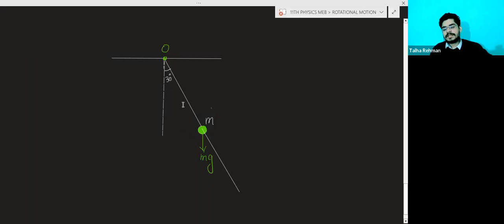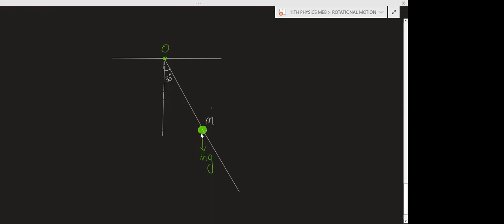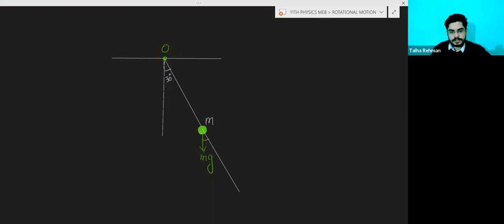If this angle is 30°, can you tell me what this angle will be? 30°. Very good. This angle will also be 30°, so I can write 30° here as well.